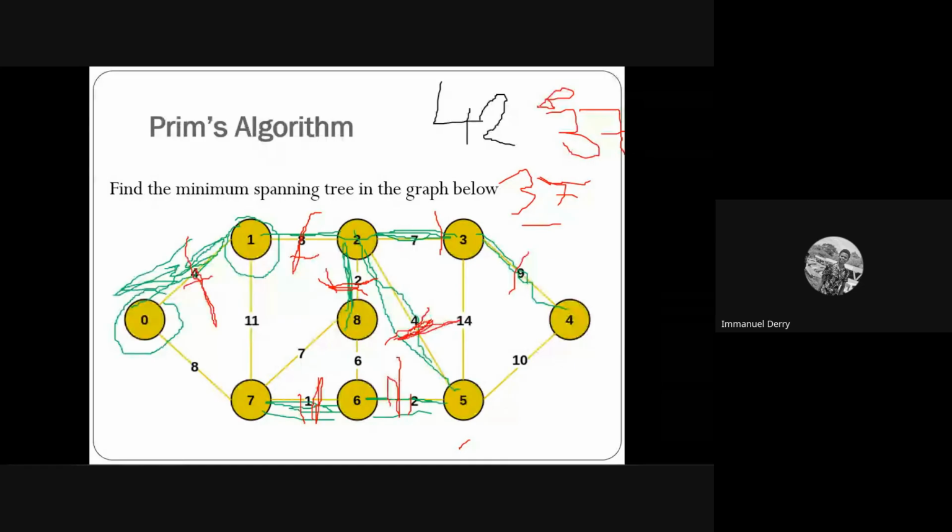We have 7, which is 28. And finally, we have 9, which is... your screen is not showing that.